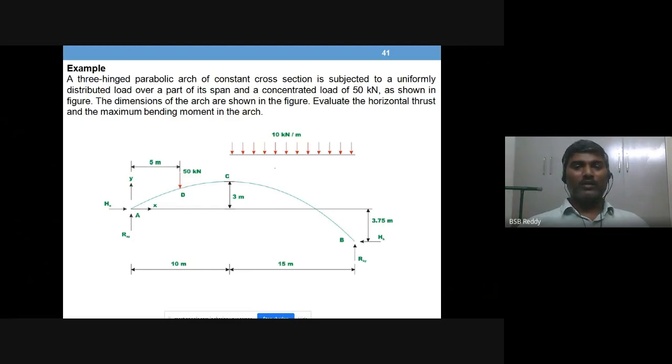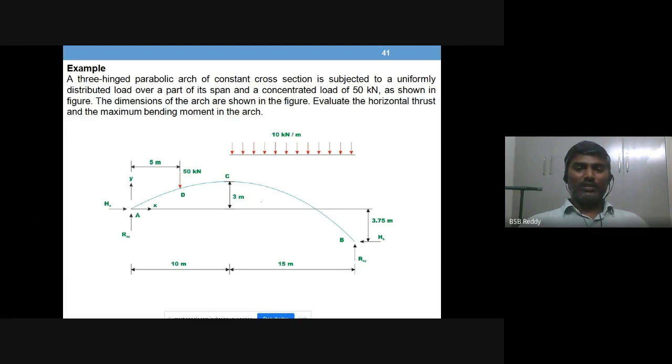The load in portion BC is total 10 into 15, so 150 kilonewtons, whereas the total load in portion AC is only 50 kilonewtons. Means the load to the right of C is 3 times more than the load in portion AC.